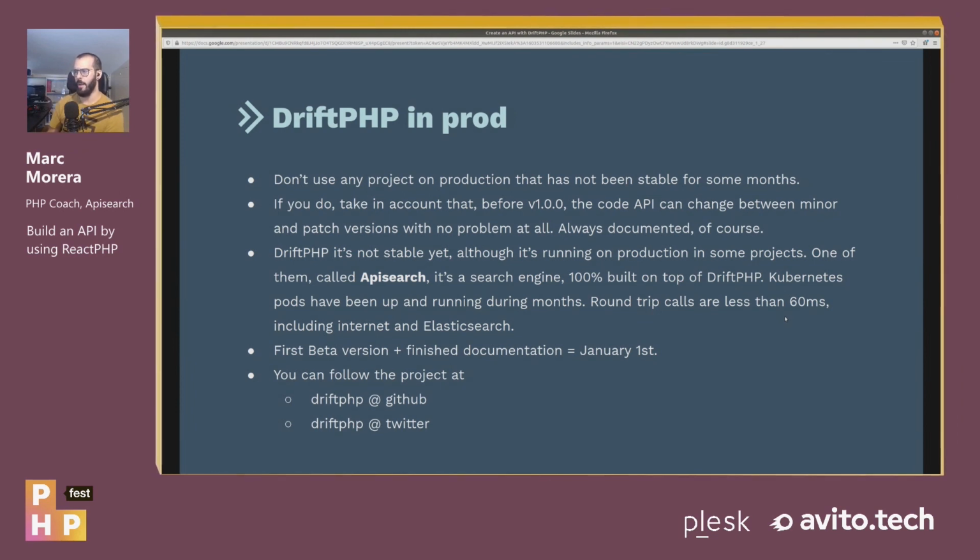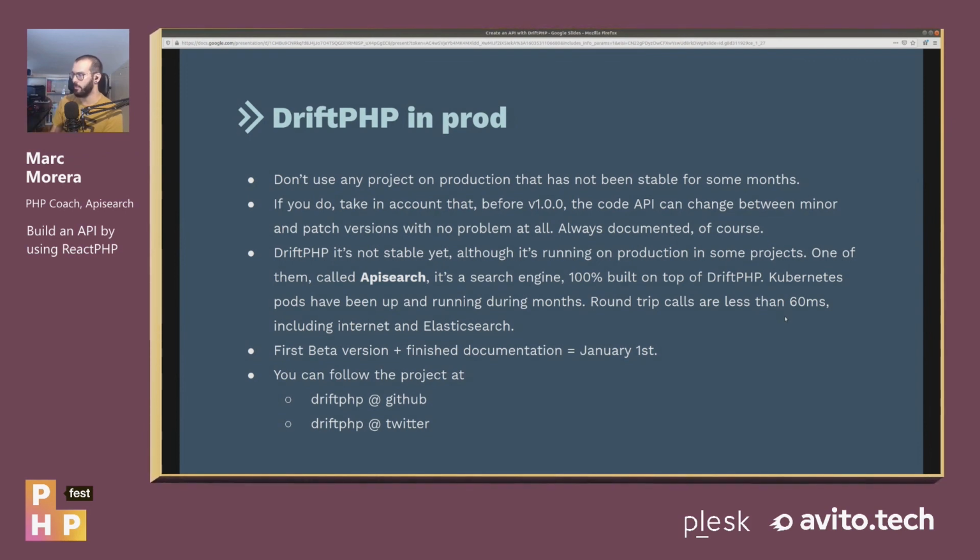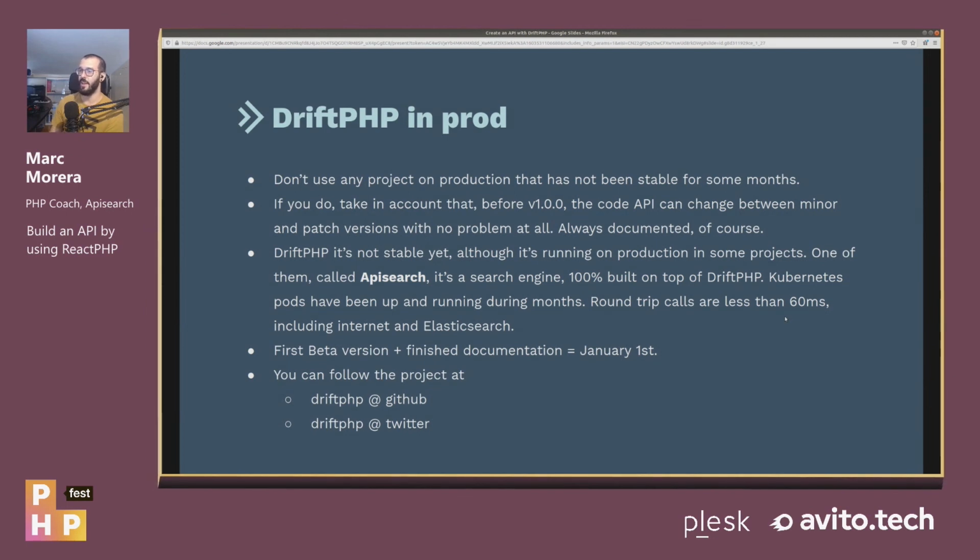It's been up in production using Kubernetes pods, running 4 or 5 months until the first restart, without errors. And my round trip in production is less than 60 milliseconds, including internet and Elasticsearch, which is good and, in particular for a search engine, a must.